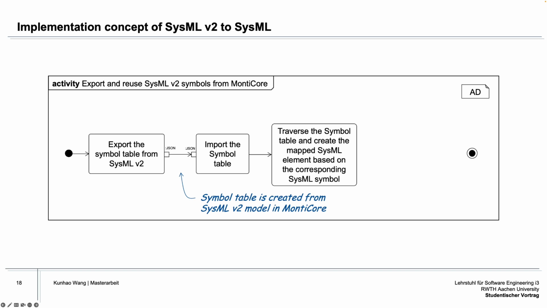Afterwards, we traverse the symbol table and create the mapped SysML element based on the corresponding symbol. Finally, we can reuse the mapped SysML v2 symbols on the SysML side. In this direction, we implement a MagicDraw plugin for importing and traversing the symbol table of the SysML v2 model.